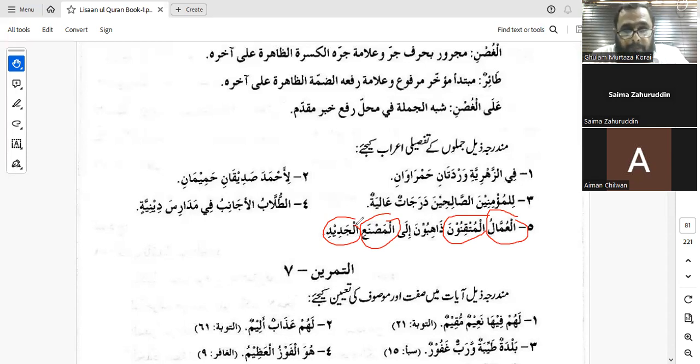Is that clear? Alhamdulillah, yes, I get it now. So the same is the situation with every murakkab, or words that are more than one. We have to treat them as a single grammatical form for the sentence.